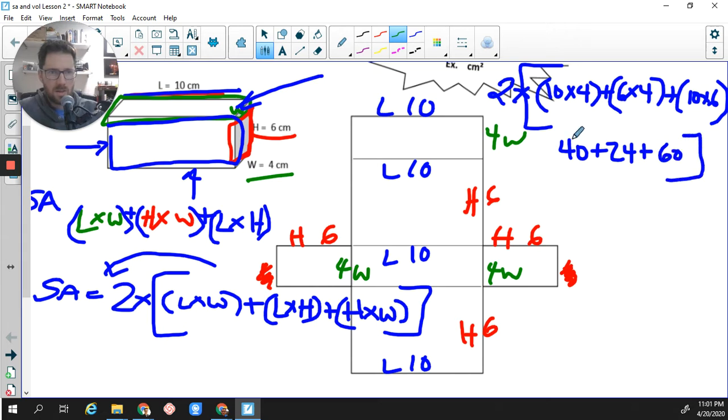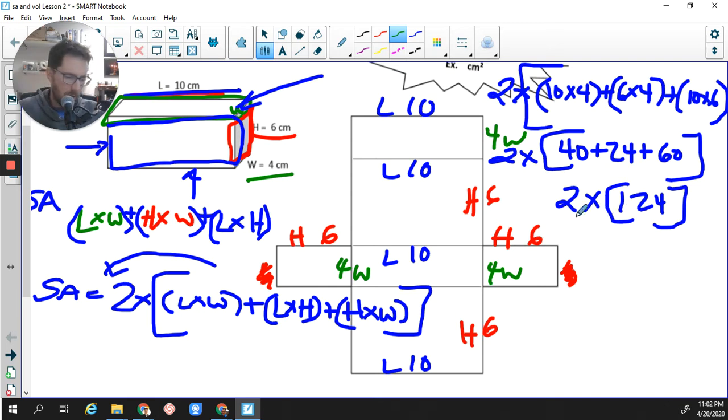And this is all inside our massive brackets. 2 times, okay, we got 40 plus 60 is 100 plus 24 is 124. 2 times 124 should equal 248. Is that the same as last time? It is, centimeters squared. Okay.